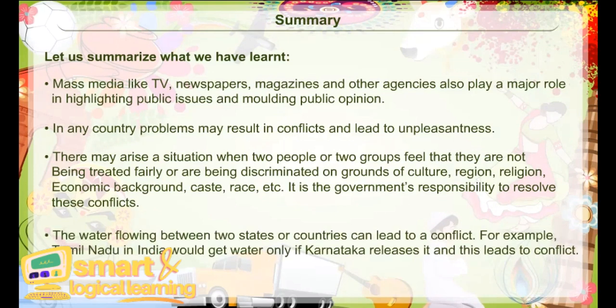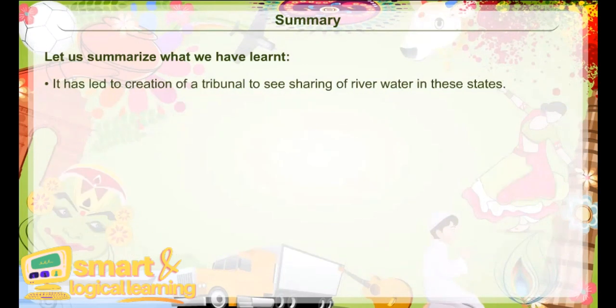The water flowing between two states or countries can lead to a conflict. For example, Tamil Nadu in India would get water only if Karnataka releases it, and this leads to conflict. It has led to the creation of a tribunal to look at the sharing of river water in these states.